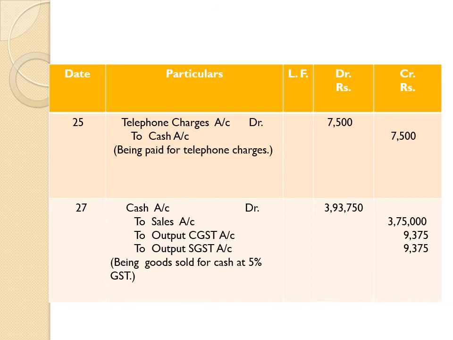If the GST rate is 10%, 6% will go to central government, 6% will go to state government. So we passed a journal entry about goods sold of rupees 3,75,000 on 27th April by considering GST named as output CGST and output SGST.